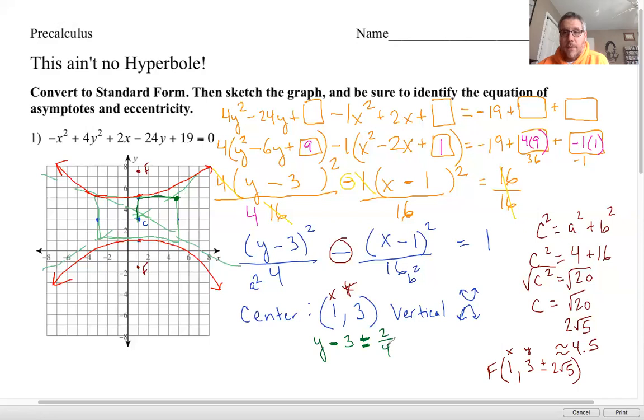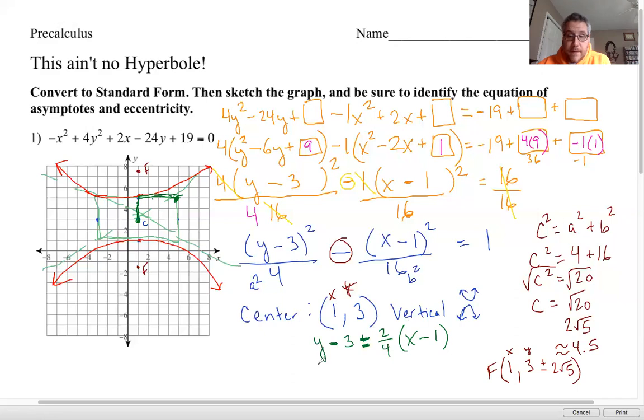You see, forget about a over b or b over a. Who needs it? Think about slope from the center to the corner of the box, rise over run, okay? 2 over 4. This method always works. Times x minus the x coordinate of the center, so it would be x minus 1. No formulas to remember.